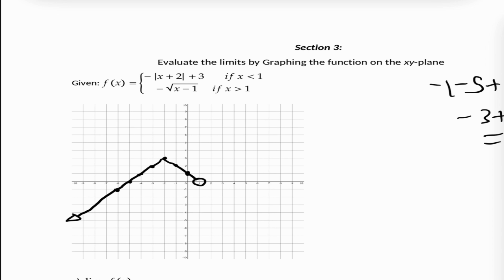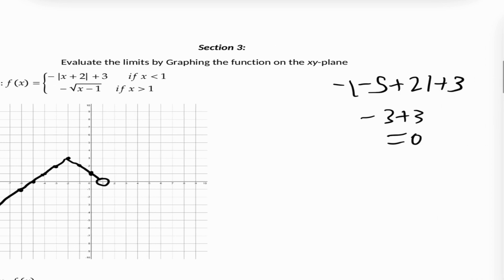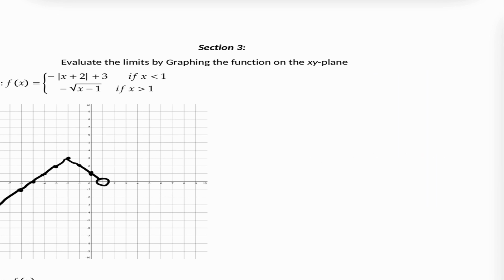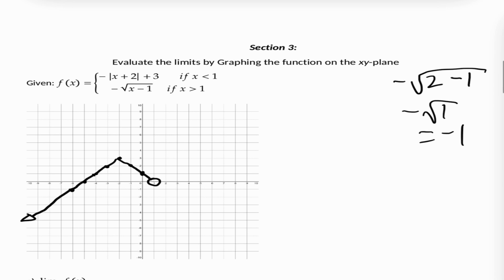Let's figure out the line for our second equation. Now let's do the same thing. Let's plug in numbers to find our points. Let's plug in 2 for our first point. This will get us -1, so there will be a point at 2, -1.